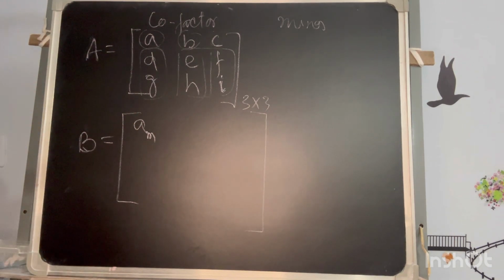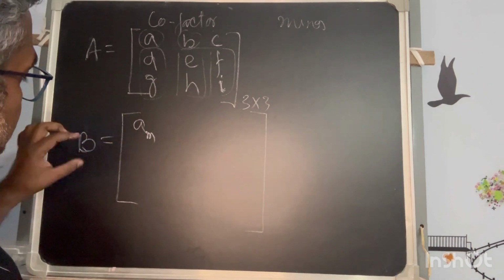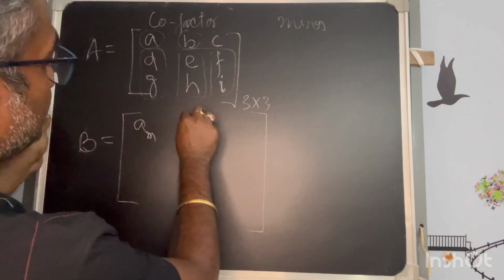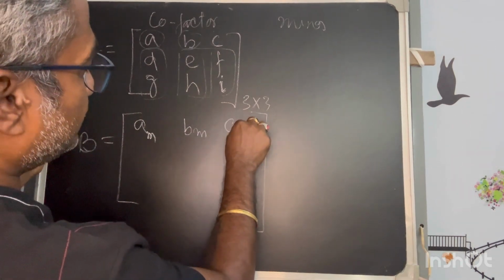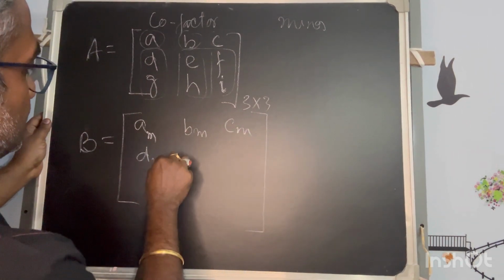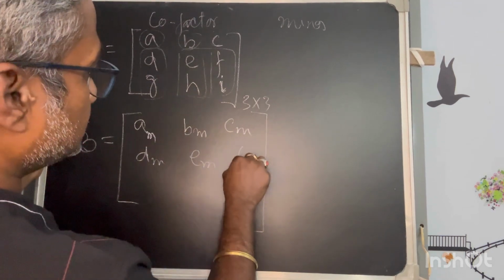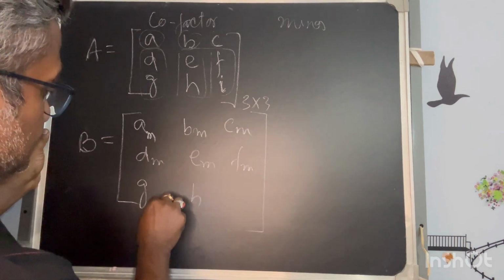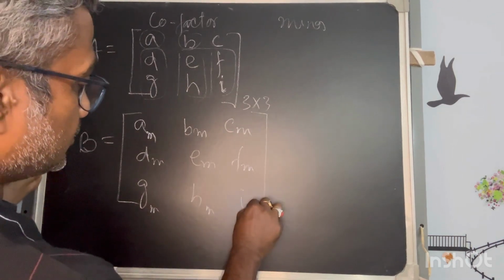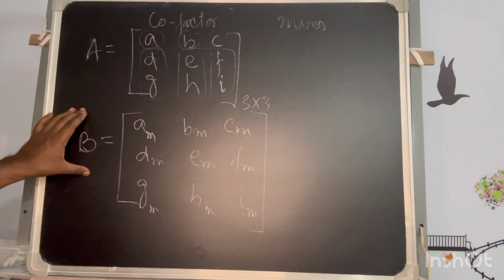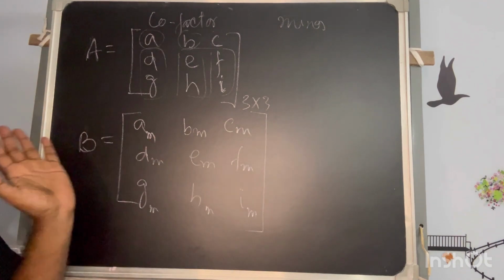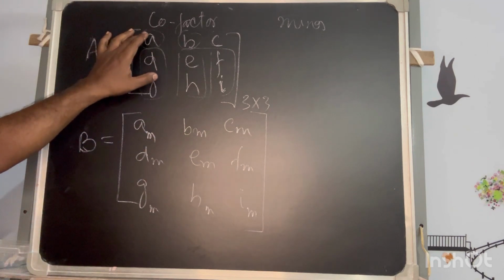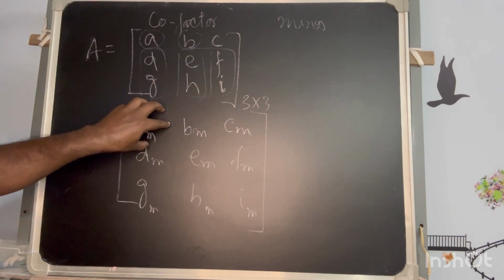So this matrix will consist of the minor of element A, minor of element B, minor of C, and that way all of these, up to G, H, I. So this matrix consists of the minors of all the elements. Okay, so AM represents the minor of A. Whatever value comes, I have to put it here.